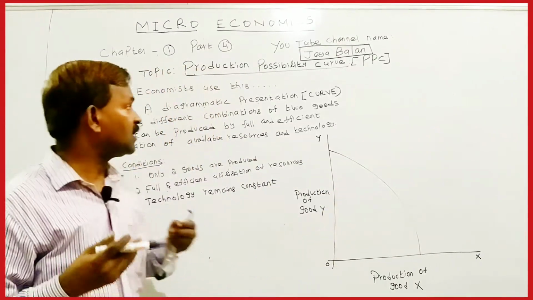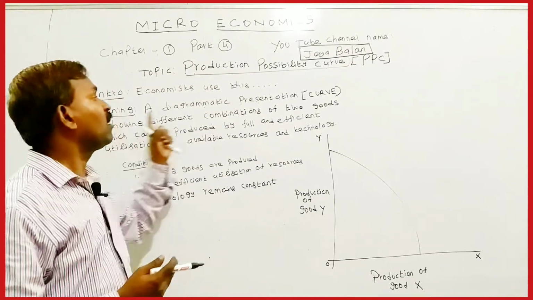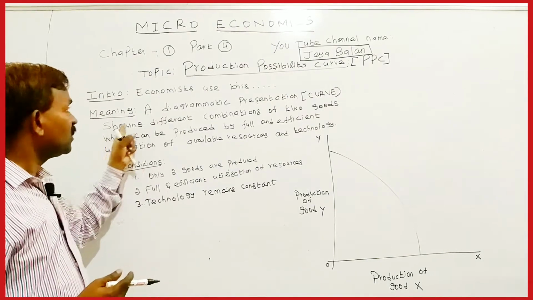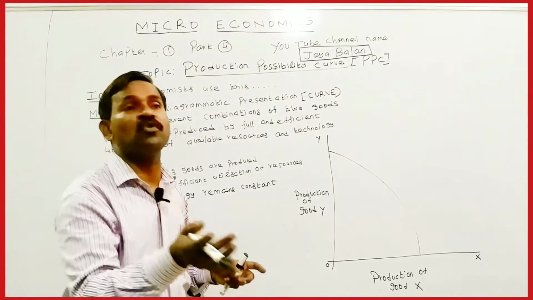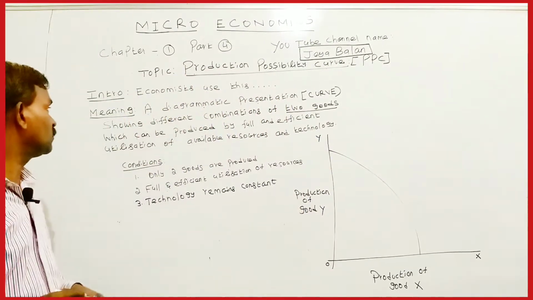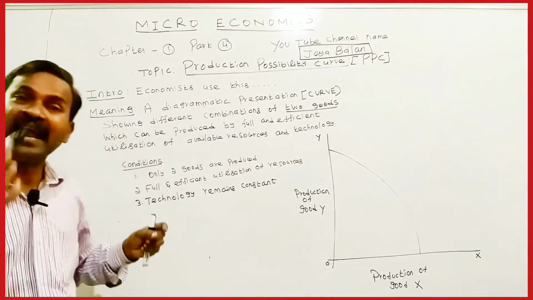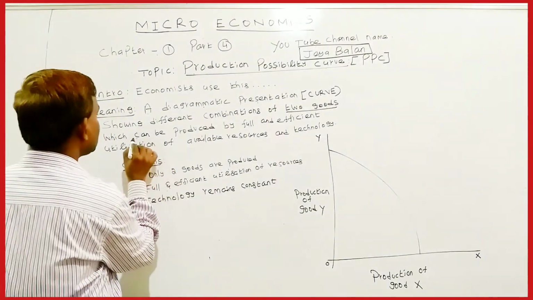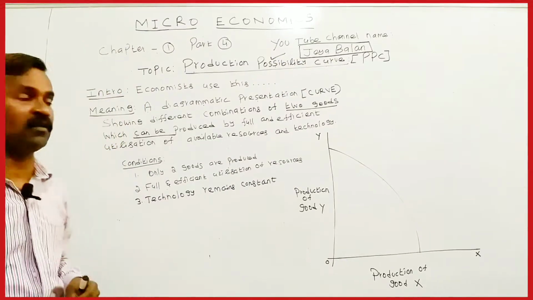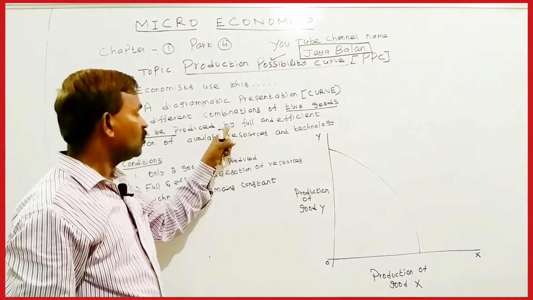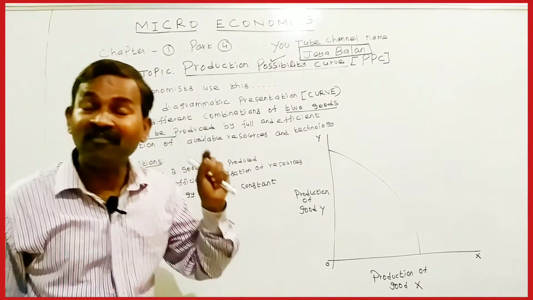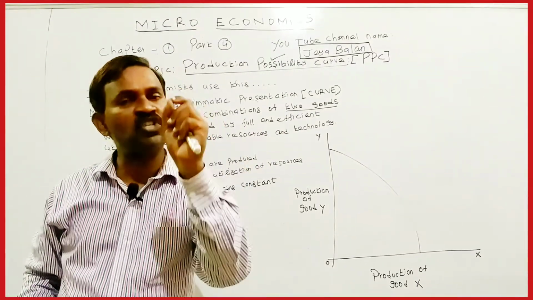So, it's a diagrammatic presentation, also called a curve, showing different combinations of two goods which can be produced. Can be means the things which are possible by full and efficient utilization of available resources and technology.